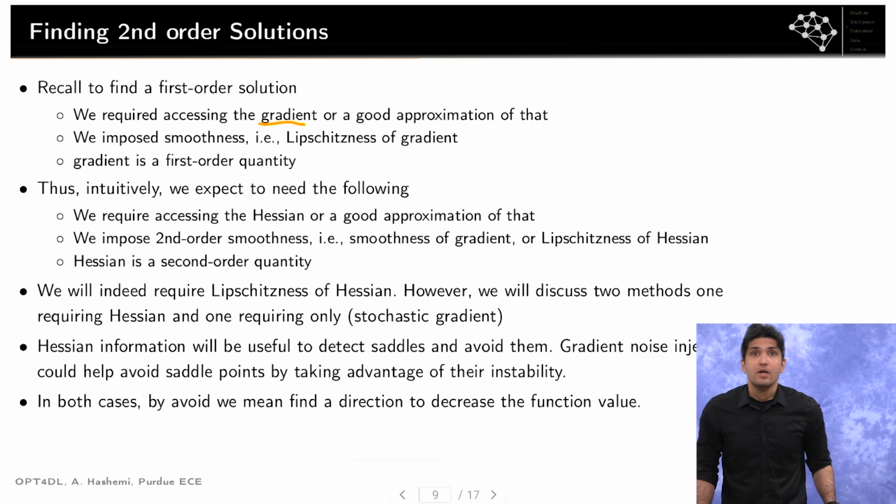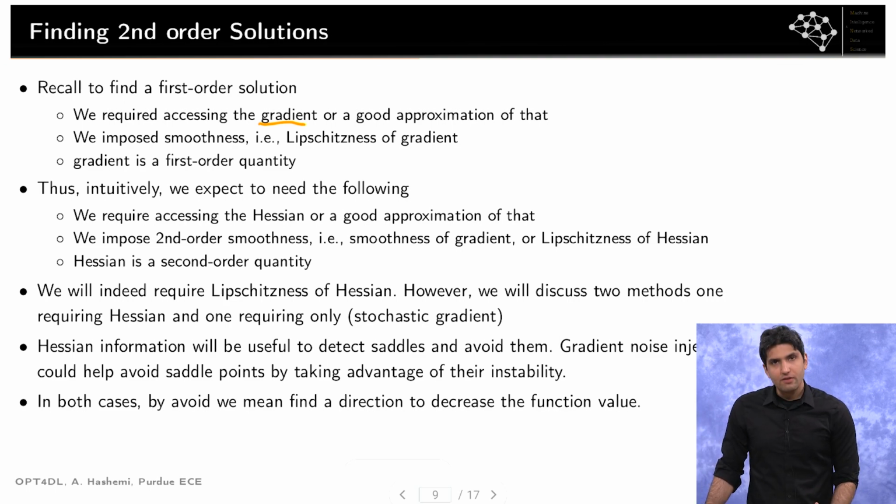This is an intuitive expectation, and as we're going to talk about in the next part of this lecture, we will indeed require that the Hessian is well conditioned and Lipschitz.